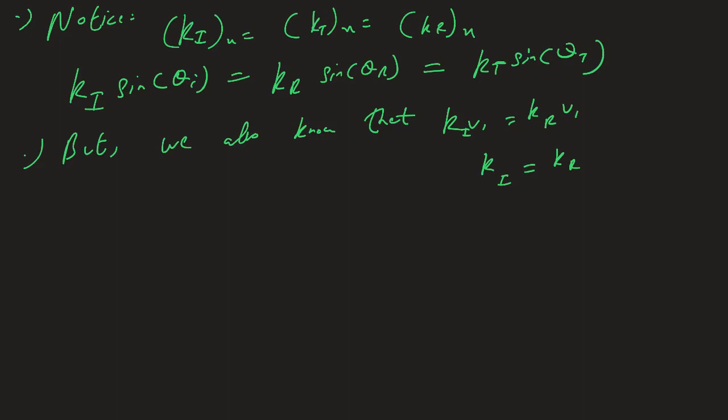So that must mean that sine of theta r must be equal to sine of theta i. So that means that theta i is equal to theta r, and this is nothing but the second law of geometrical optics.